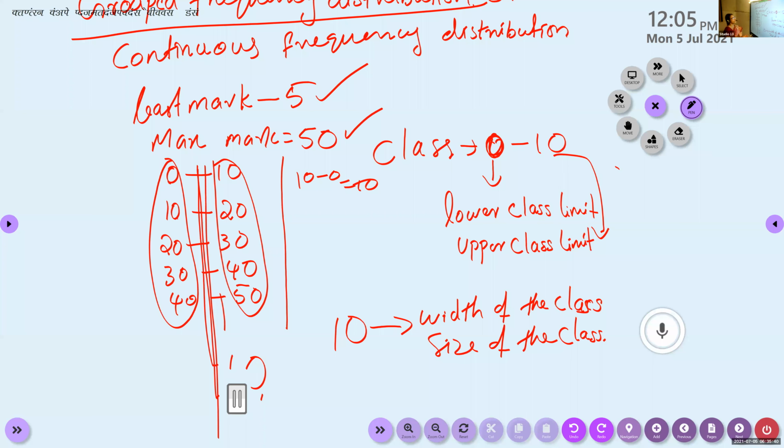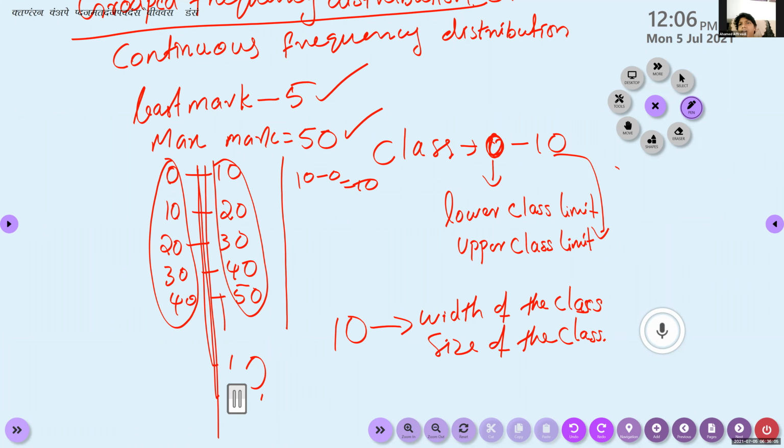First find out the least value and the highest value in the given data, whether it is mark, weight, height, anything, and divide the given observations into some groups.